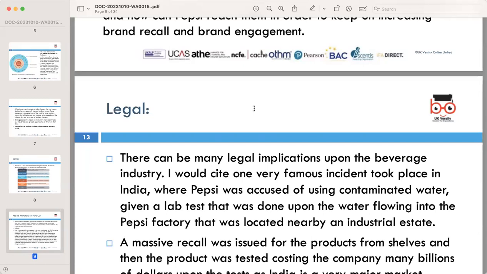So lab tests were conducted on the water source near a Pepsi factory located in an industrial estate. This situation resulted in a massive product recall from store shelves, followed by extensive testing. So the legal proceedings and product recall incurred substantial cost given that India is a major market for Pepsi.